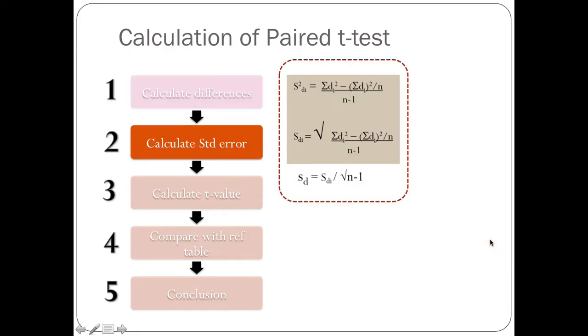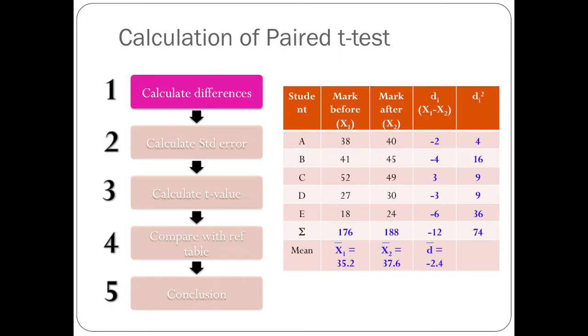So you replace this with 74 minus the sum of differences. The sum of differences is minus 12.